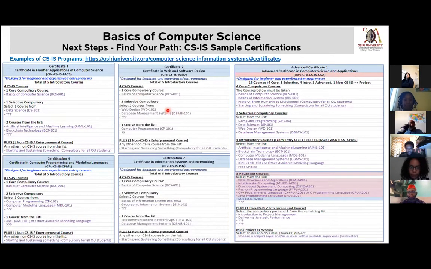Yep. So if you look at, for example, web and software design, now basically you can choose a course without doing a certification. So you can choose any of these courses here, right? But if you do the certification and you want to progress, you can do, for example, advanced certificate 1, which is in computer science and application.